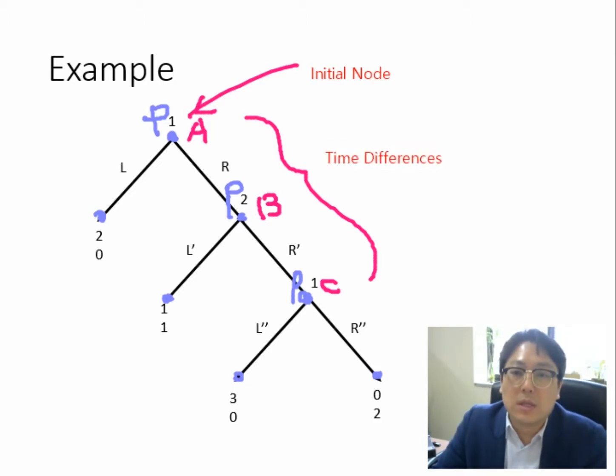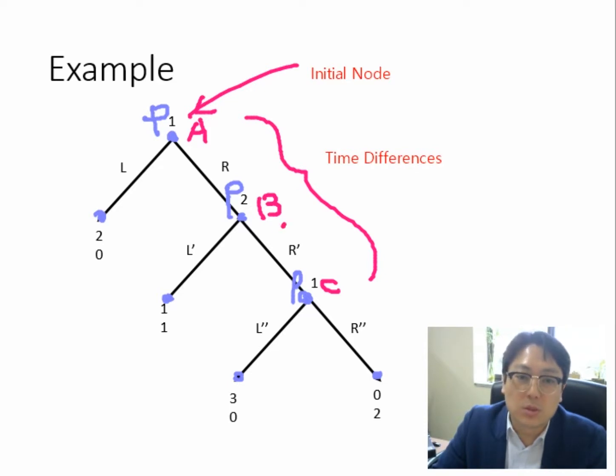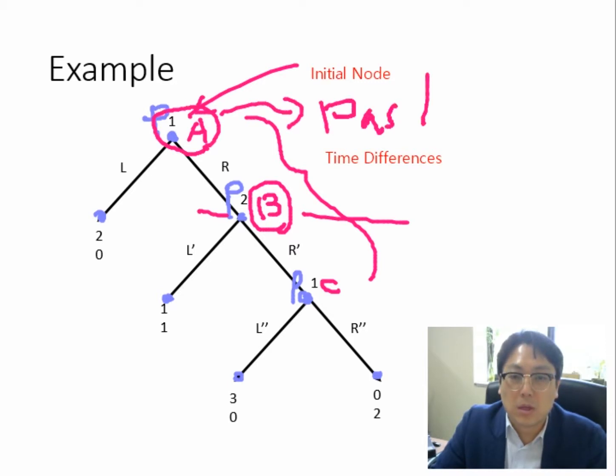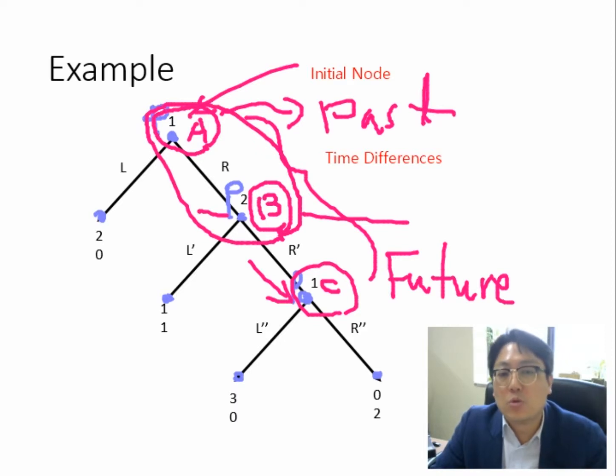So once this node is reached, for example, then from this node, based on this node, this node is past, and this node is future. Once this node is reached, the previous two nodes represent what the player chose in the past.